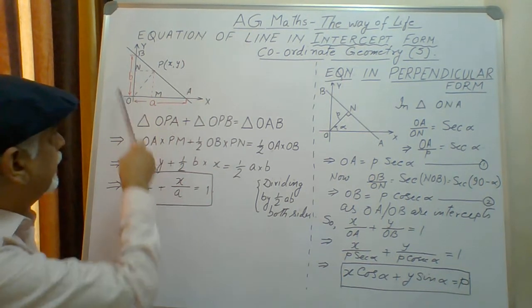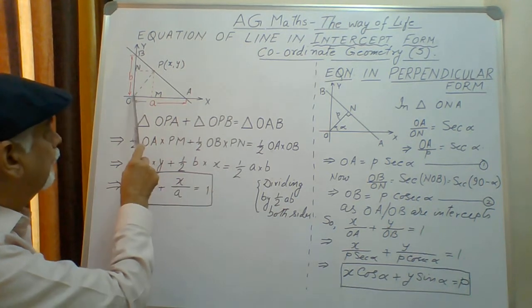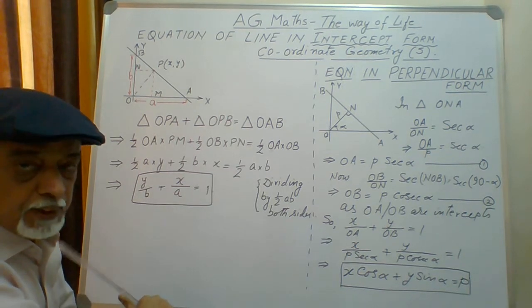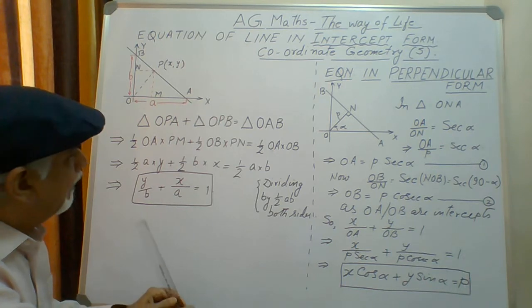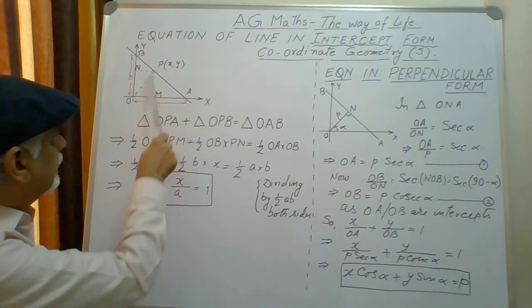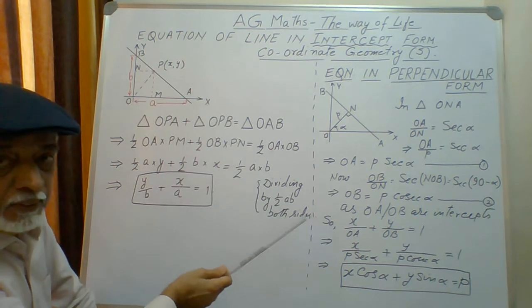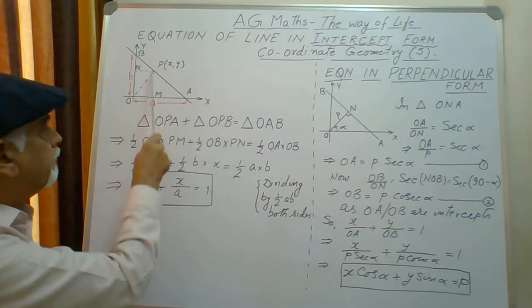Now you see in this figure, I have got three triangles. One is OAB, which is the biggest triangle here, formed with the help of the two axes and the straight line itself. And if I consider OP, then this divides the whole big triangle into two parts. The first part is OAP and the other part is OBP.